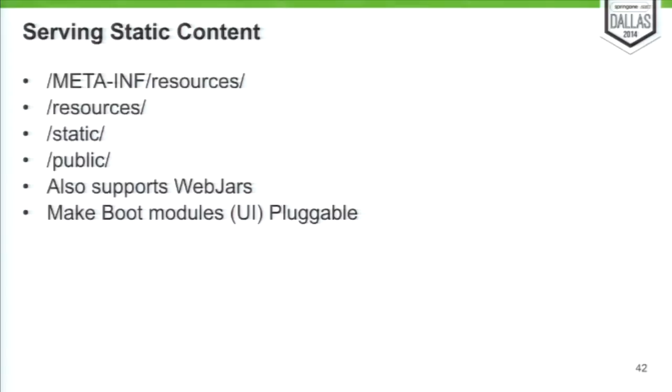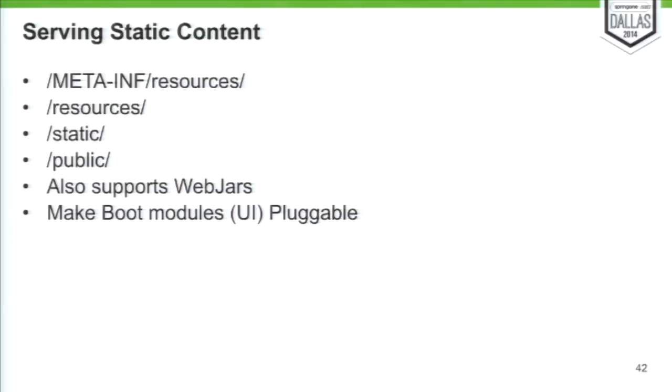When you build your application using Grunt or whatever, it will eventually end up in the public directory, one of the resources directories for Spring Boot, and therefore you can just bundle up the UI itself.